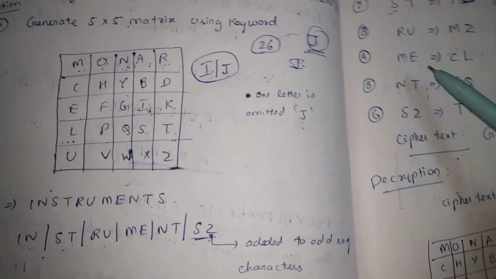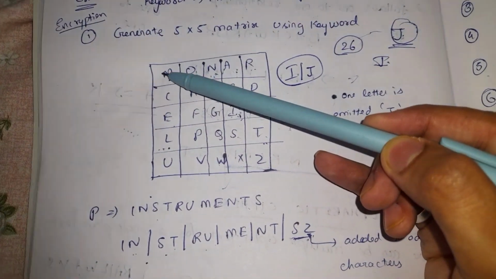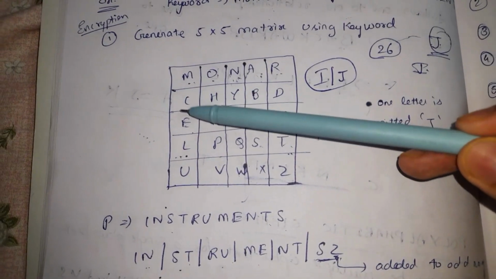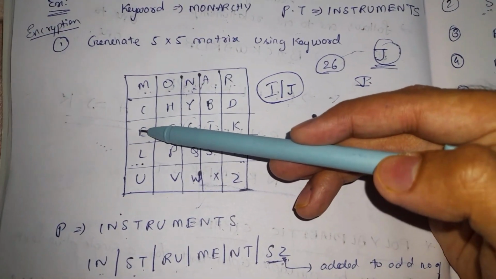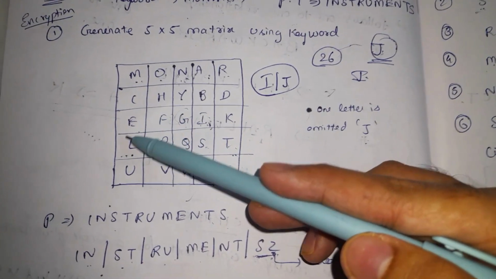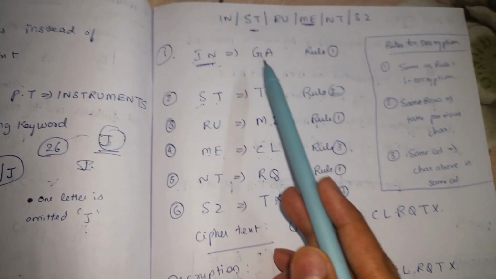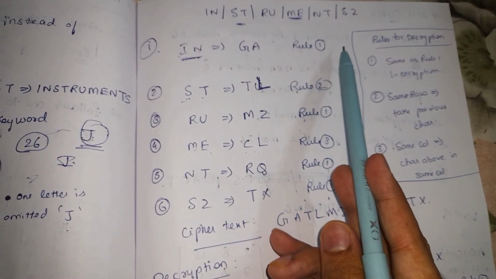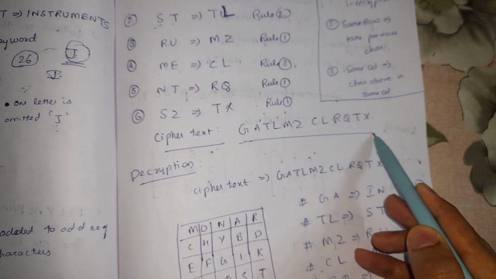What is the character below M? C. So we replace M with C. What is the character below E? L. So we replace E with L. The same thing goes for all the other pairs, and we obtain the ciphertext like this.